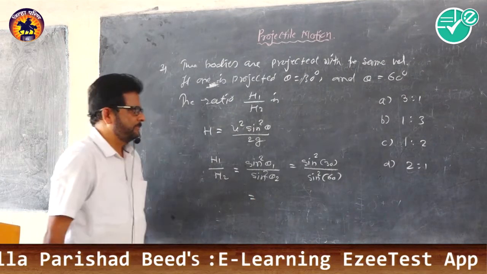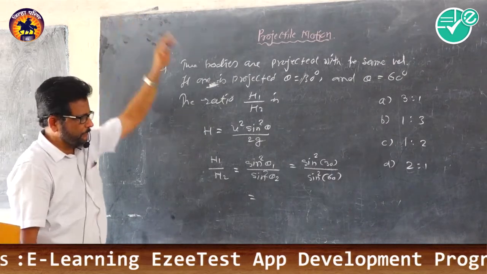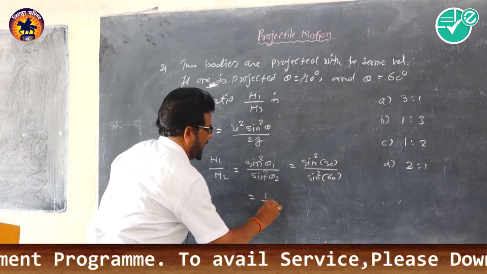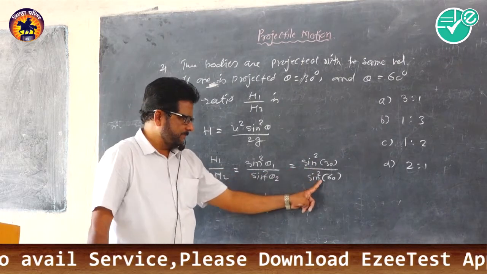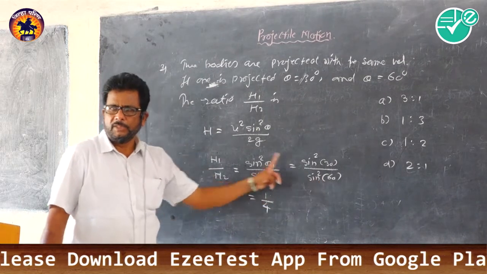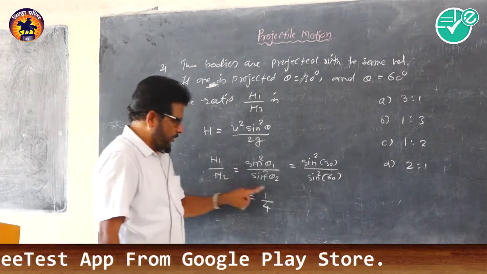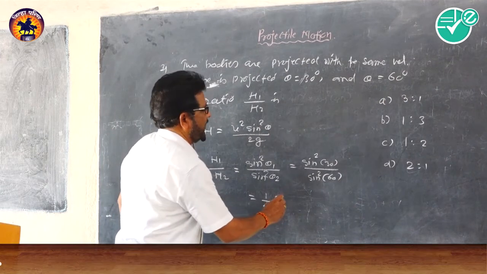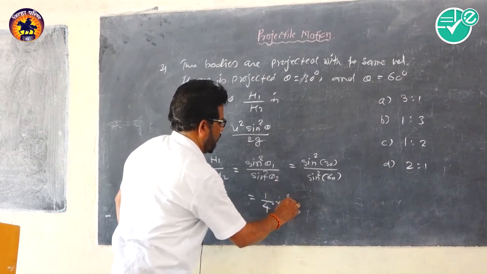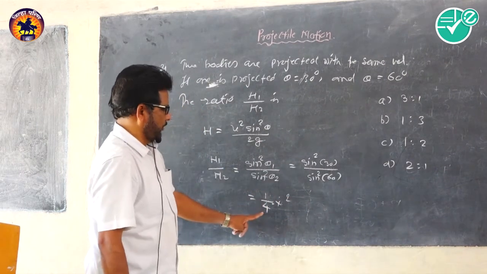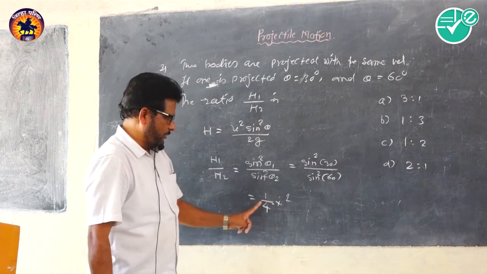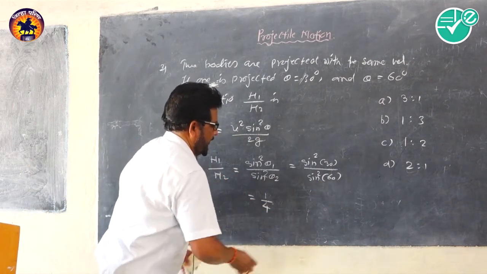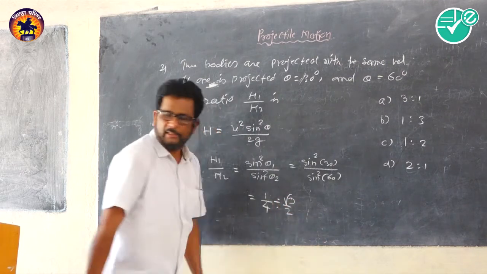Sin 30 is 1 by 2, and the square is 1 by 4, so that is 1 by 4 divided by sin square 60, because sin 60 is root 3 by 2, so divided by root 3 by 2 squared.